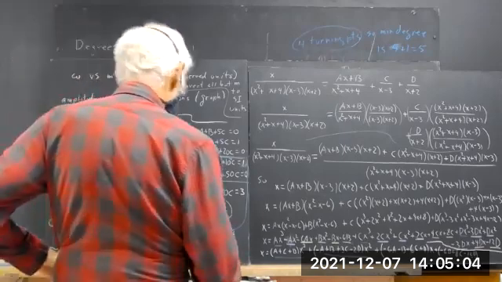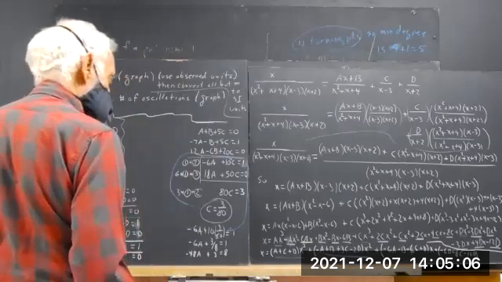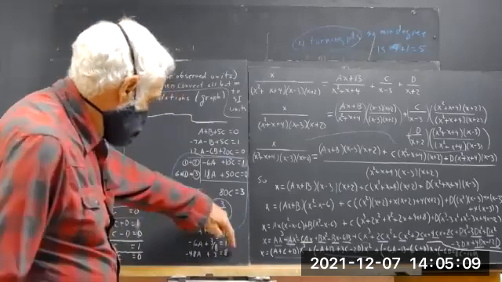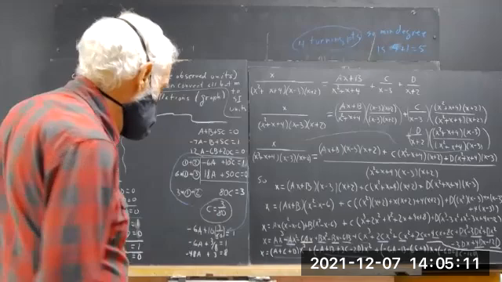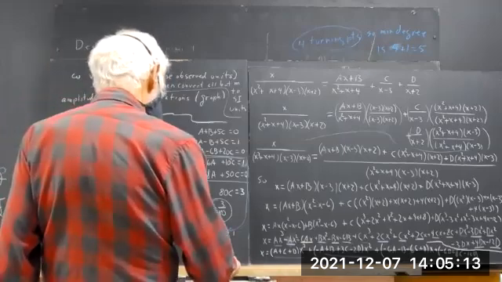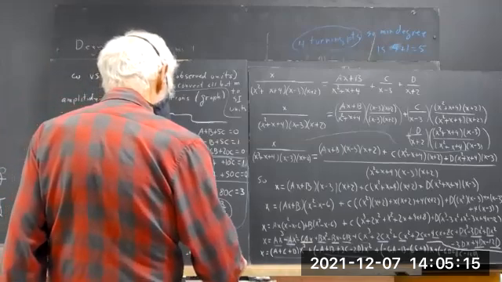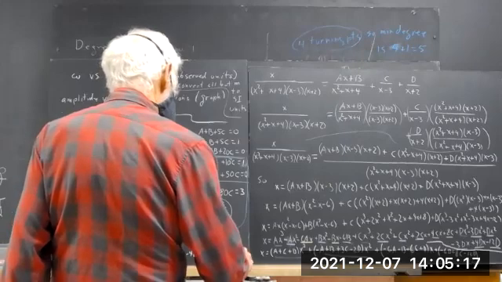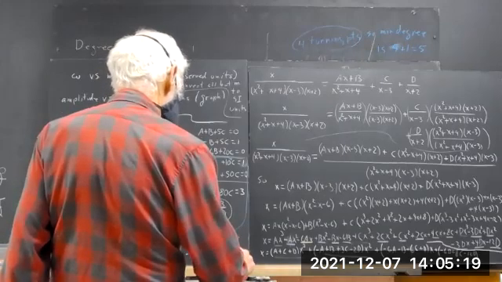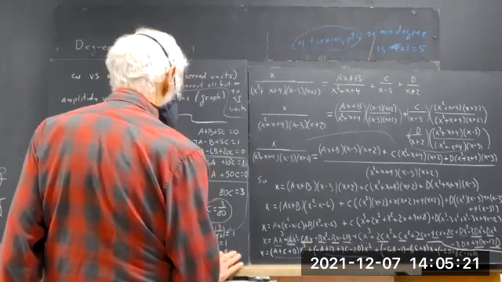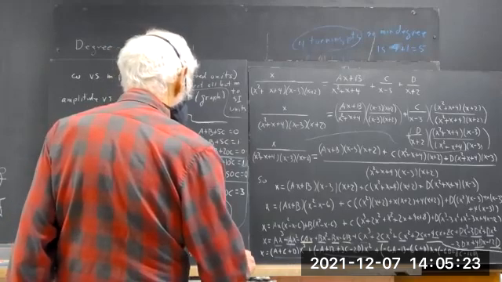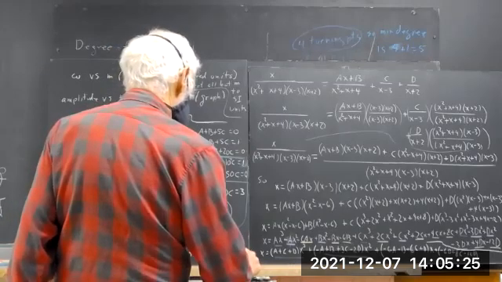I don't have room to write it, you can do the rest. Subtract 3 from both sides, you get 5. Divide by negative 48. We see that a equals negative 5 over 48.